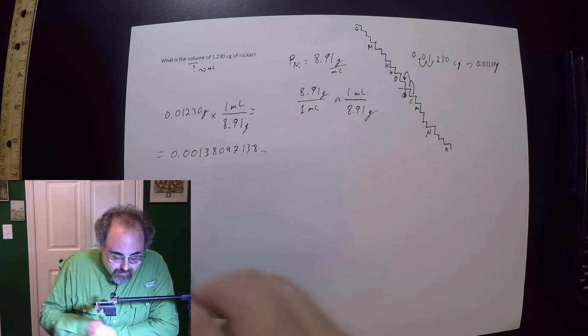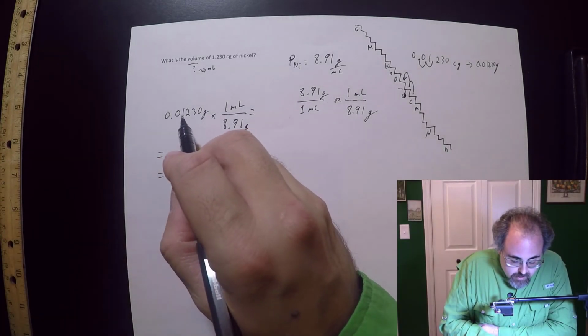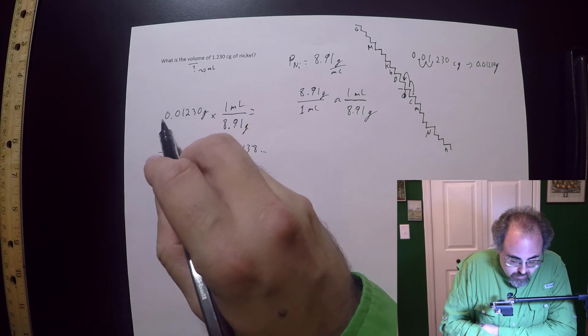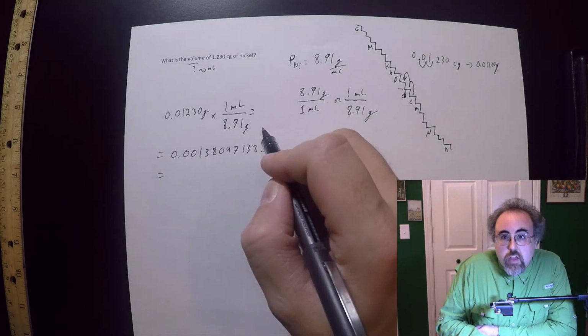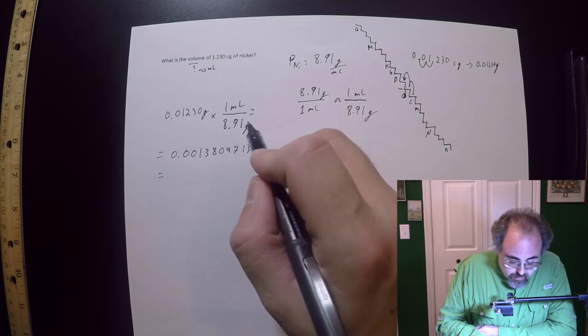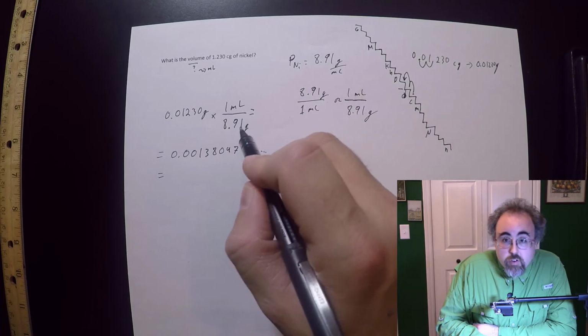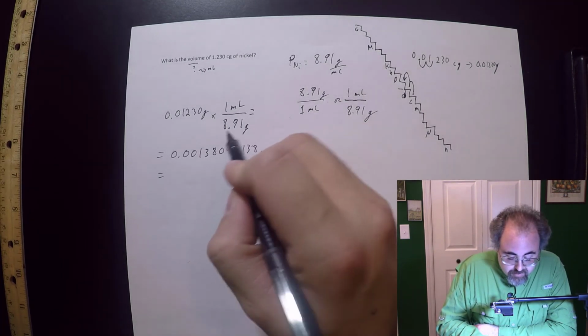That would be insane. So instead, I'm going to say, okay, let's count sig figs. I have in here 1, 2, 3, 4 sig figs. That doesn't count. That doesn't count. Here I have 3 sig figs. This is why I made that offhand comment to start with. Only 3 sig figs. I'm actually going to lose it on my conversion factor. So my answer is going to be 3 significant figures because this guy's 3 sig figs.